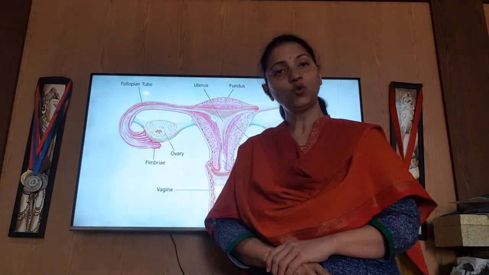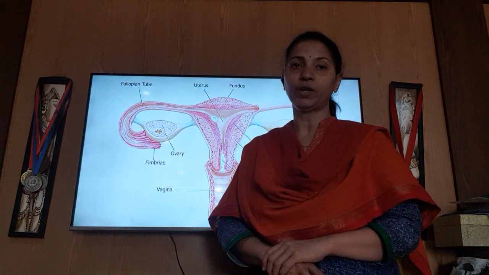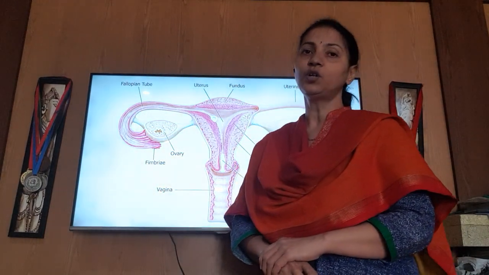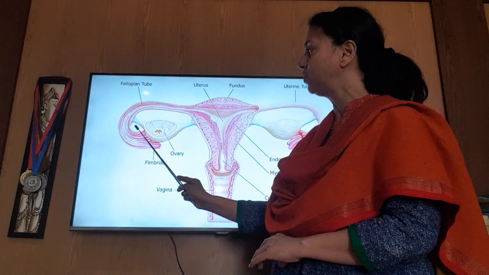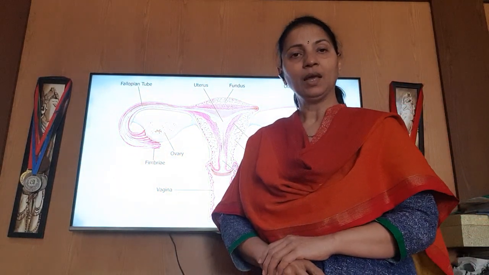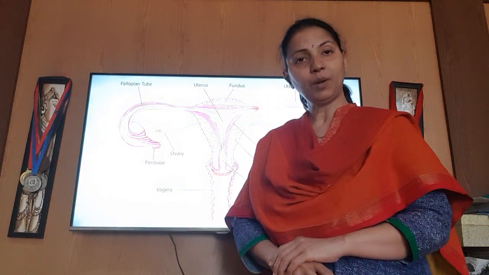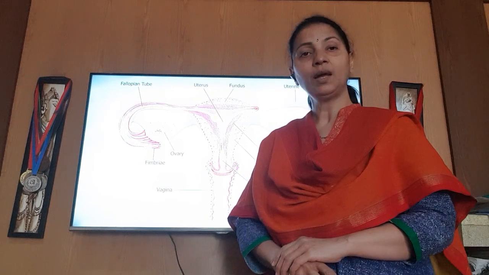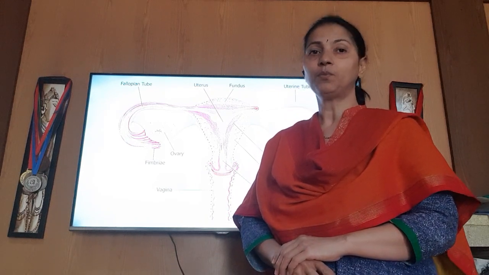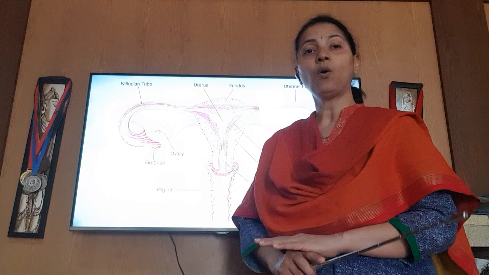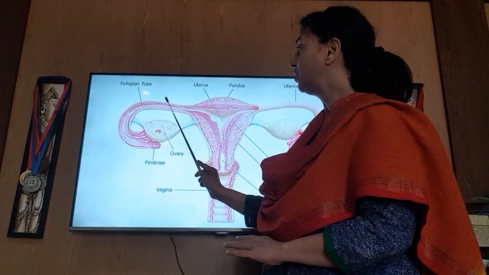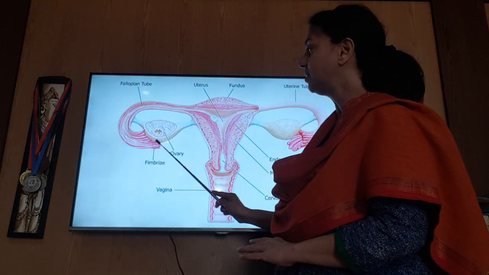Ovary has got two poles, upper and lower. The upper pole is called tubal pole because it is in relation to the tube, isn't it? In ovary, the upper pole, anterior border, medial surface, posterior border, they are all in relation to this.